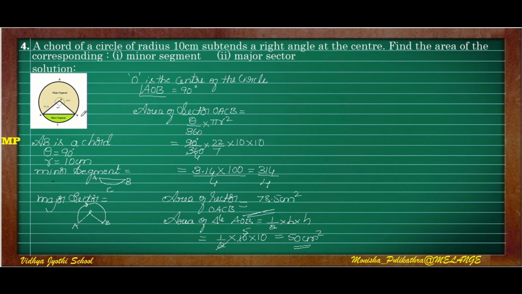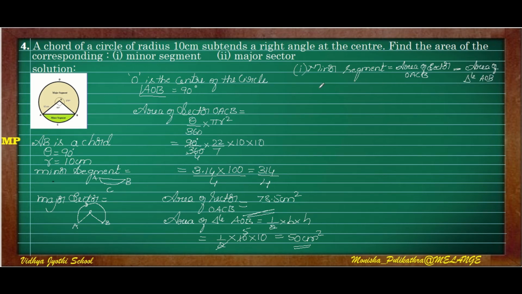So in order to get the minor segment, this is the first thing we need to find out, the minor segment. So minor segment is equal to area of sector OACB minus area of triangle AOB.